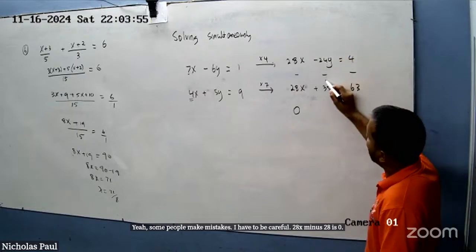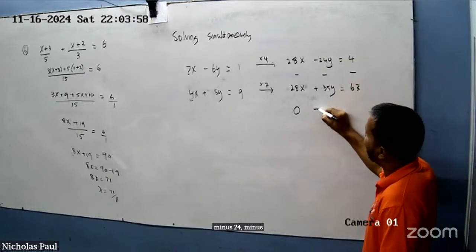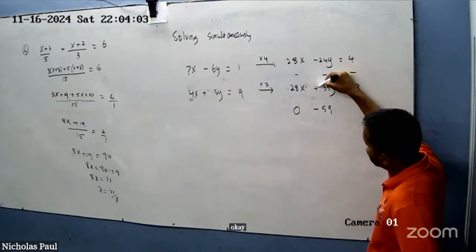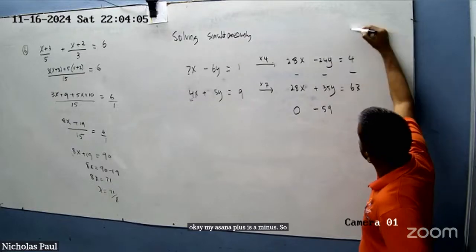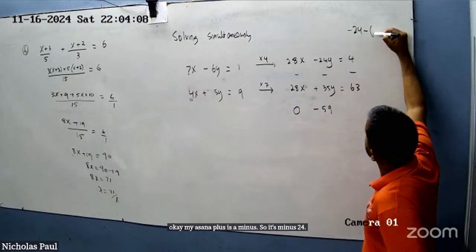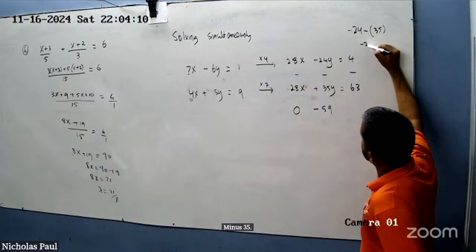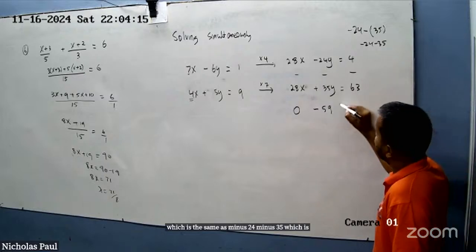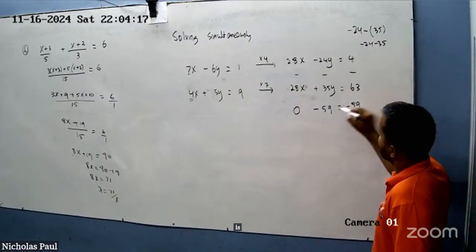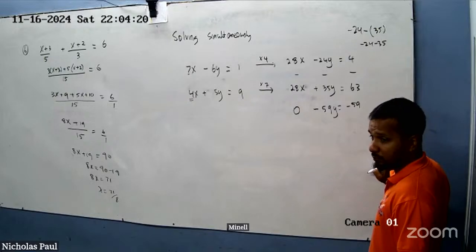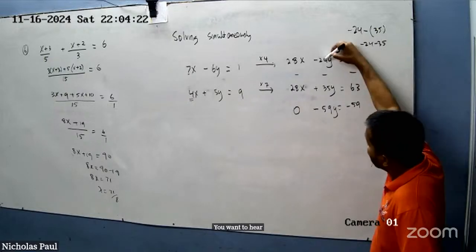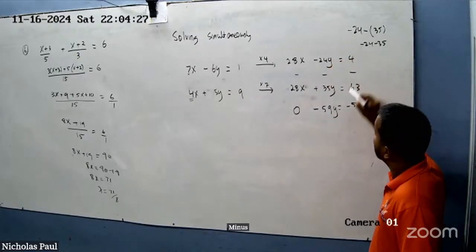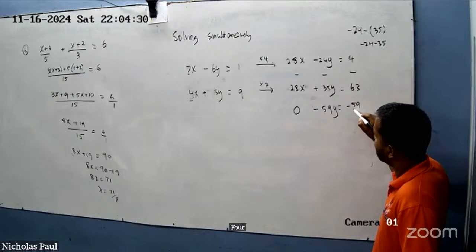Minus 24y minus 35y is minus 59y. A minus and a plus is a minus. Then 4 minus 63 is minus 59.